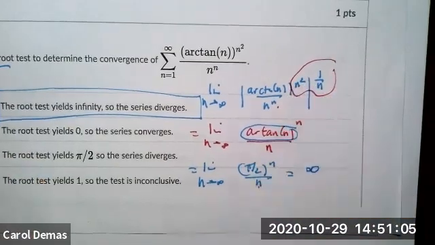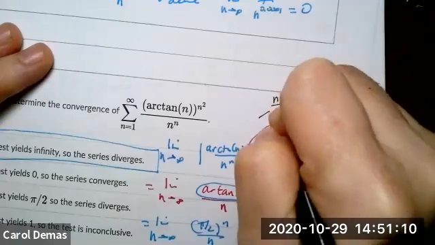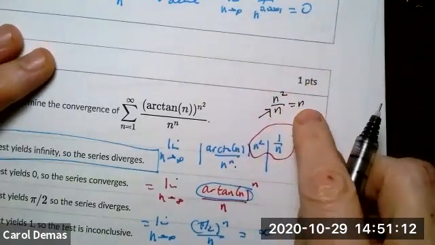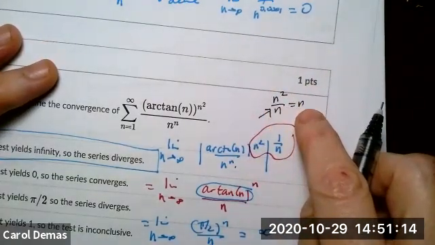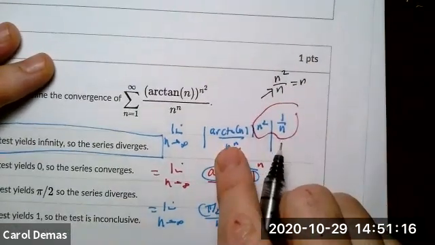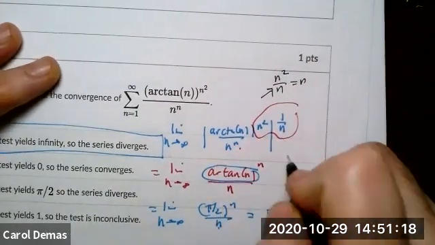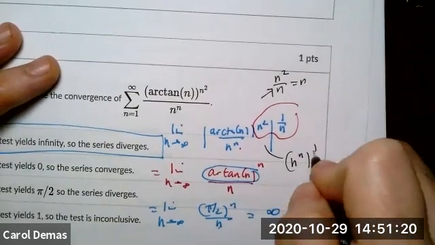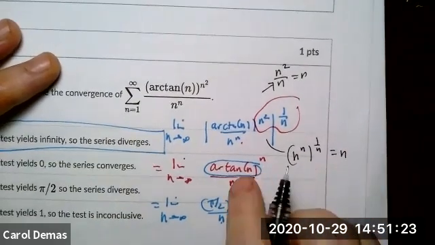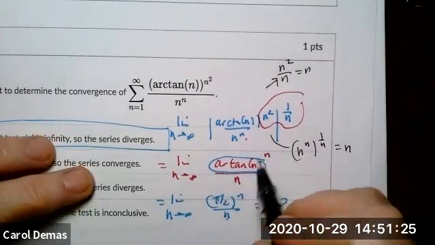Okay, because n squared over n is equal to n. Do you agree with that? And we have n to the n divided by n. That's going to give us just plain n. So are you okay with this?